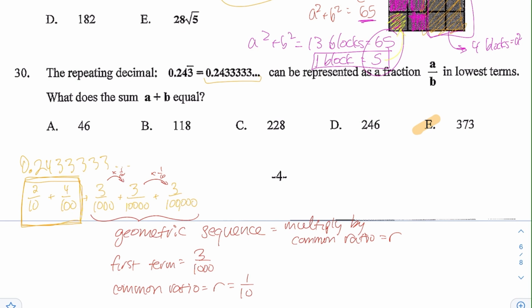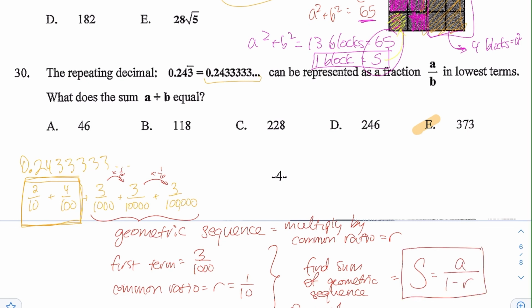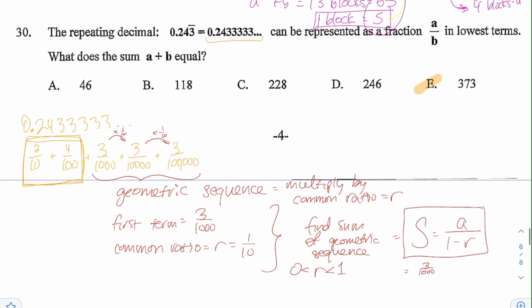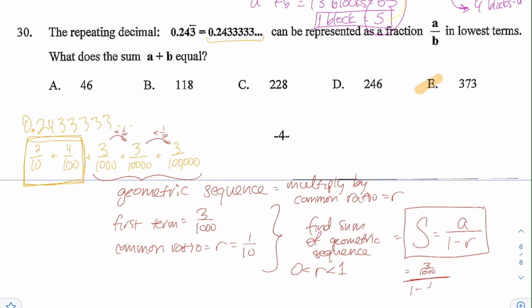So when you have a geometric sequence, you can actually find the sum of this converging sequence if r is between 0 and 1, which it is in this case. The sum, s, will be a over 1 minus r. So that means the a term, the first term, is 3 over 1,000. And if you divide it by 1 minus 1/10, that's going to be 3 over 1,000 divided by 9/10.